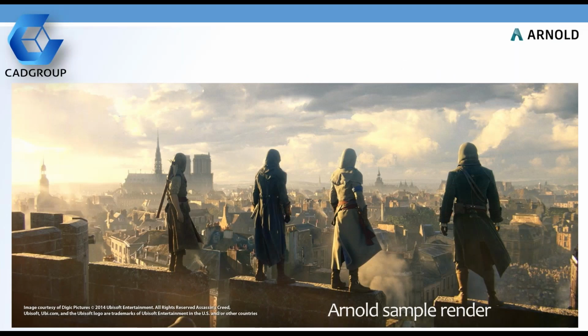Okay, so Arnold has actually been around for a while, and has been used fairly extensively in the CGI and gaming industries. Even though it's a bit of a secret, it is actually being used in movies and PC games quite a lot these days.